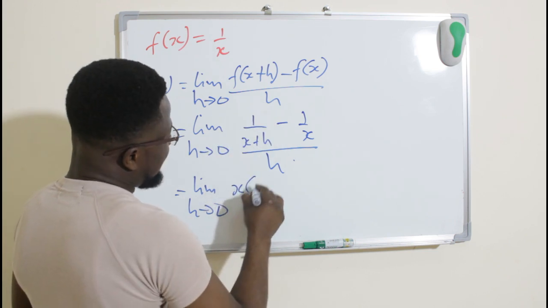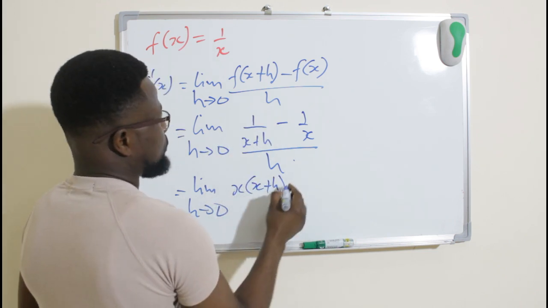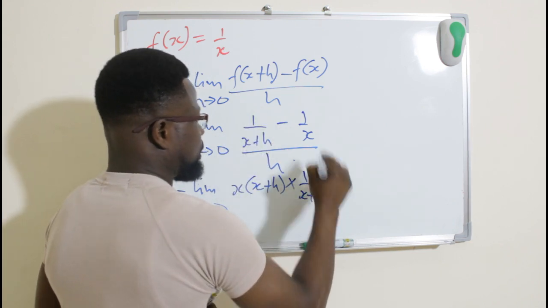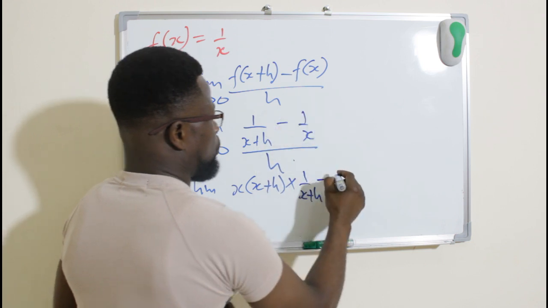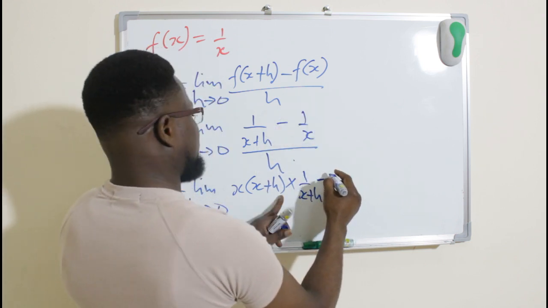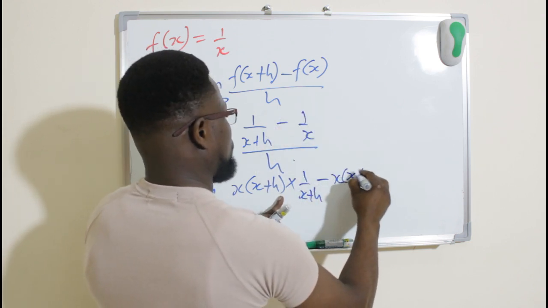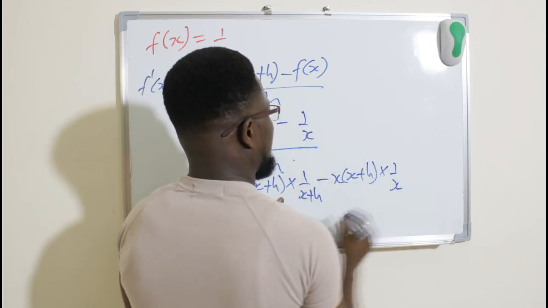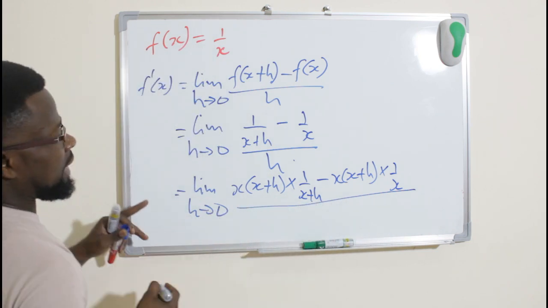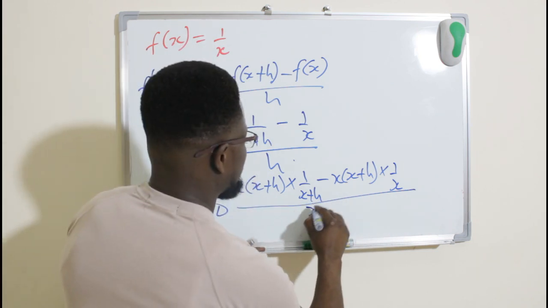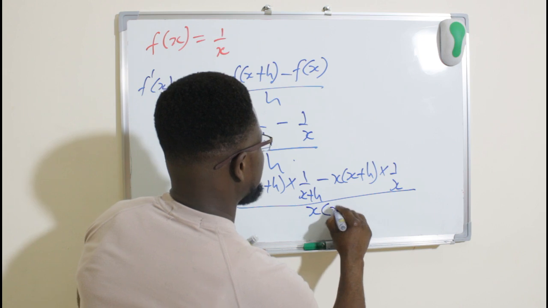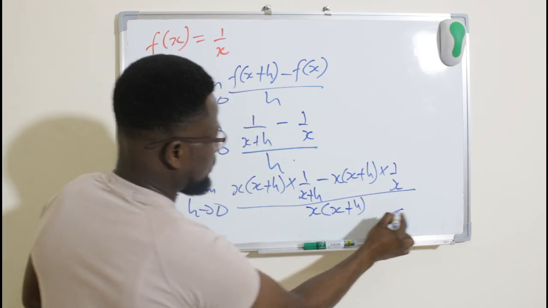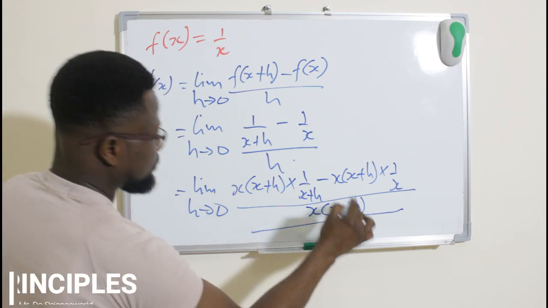The denominator is x times x plus h, multiplied by 1 over x plus h, minus the LCD again multiplied by 1 over x, all divided by the LCD, which is this. And now remember there is an h there, so divided by h.